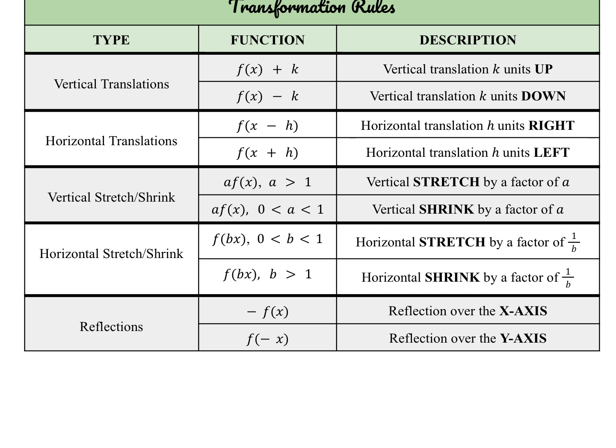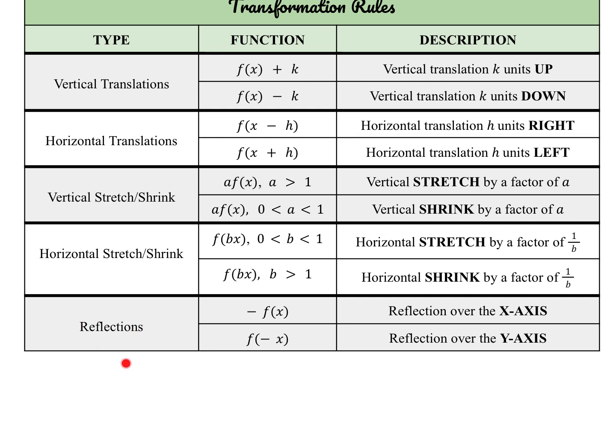So here, when your b value is bigger than 1, the reciprocal is going to end up being less than 1, so we would call it a shrink. So I think this one definitely makes a lot more sense when we do it with real numbers, but just remember there is a special rule for the horizontal stretches or shrinks. But again, any stretch or shrink is going to be done with multiplication.